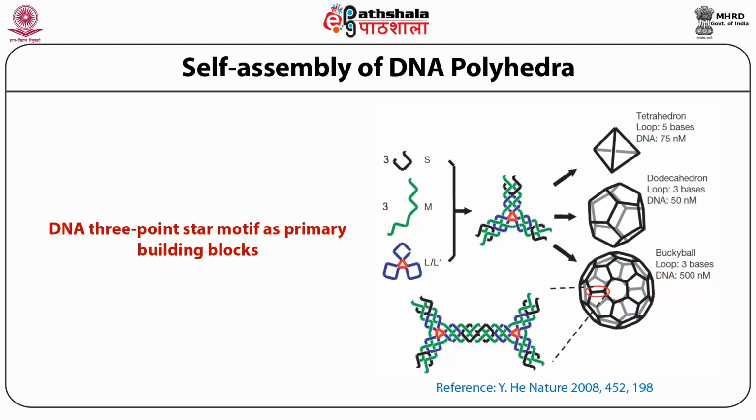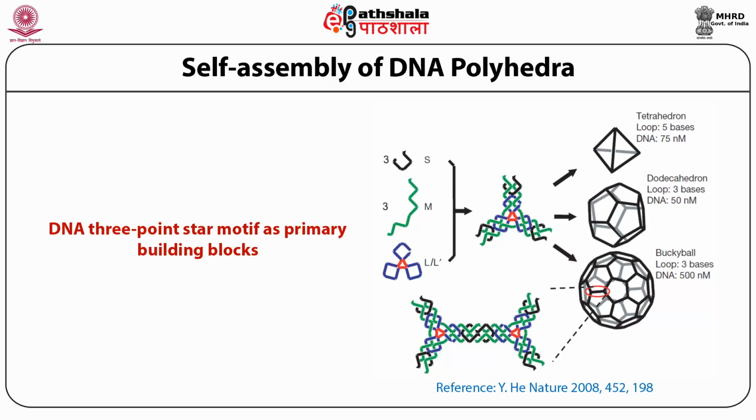And now this 3-point star motif acts as a primary building block, and this building block at different concentrations can give rise to different DNA polyhedra. So if 4 of these molecules come together, they can form a tetrahedron structure, and that is only possible when you take this DNA strand at around 75 nanomolar concentration.